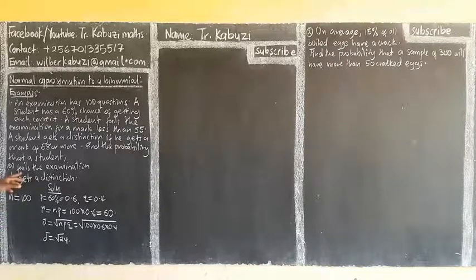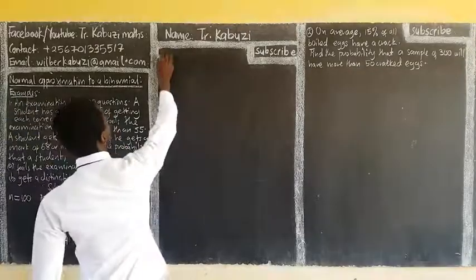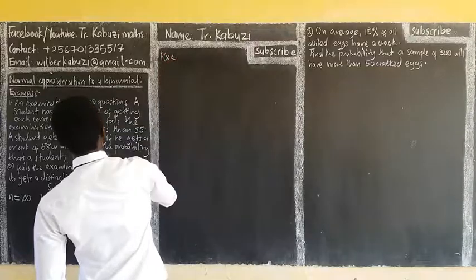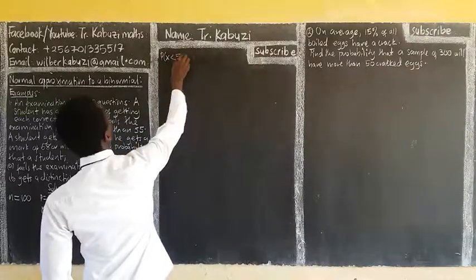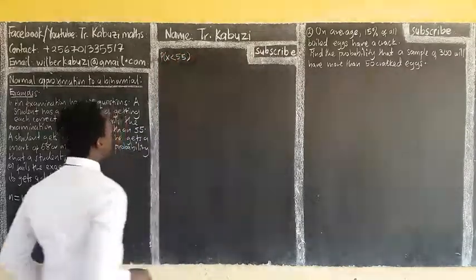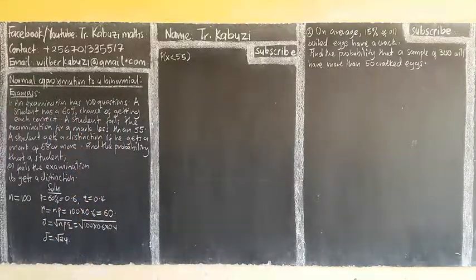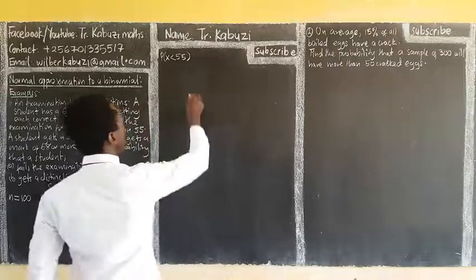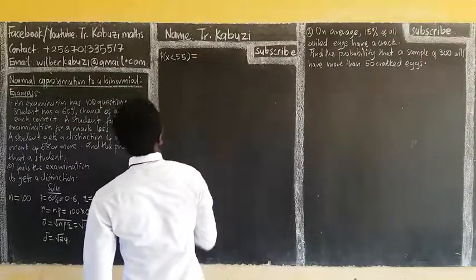So now we have got the approximation information in the question. We come to fails the exam, and they told us that someone fails the exam for a mark less than 55. So the probability that someone fails an exam is when he gets a mark less than 55. But because this was information for a discrete variable, we convert it now to a continuous one using a continuity correction.